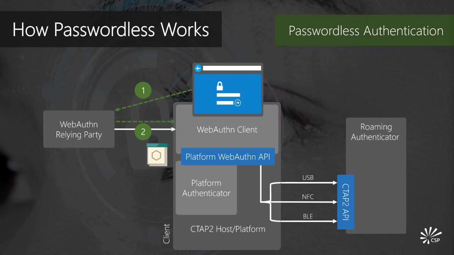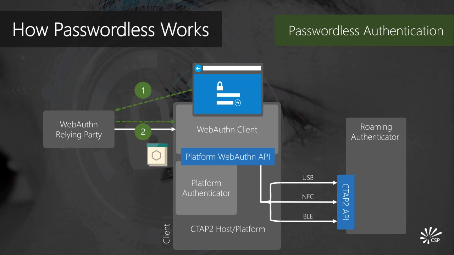A nonce is a randomly generated value that the relying party sends and expects to have returned from the authenticator. That random value is a way for the relying party to say, this is a unique authentication attempt. As we step through the additional steps in the authentication workflow, you'll see why that nonce value becomes important.